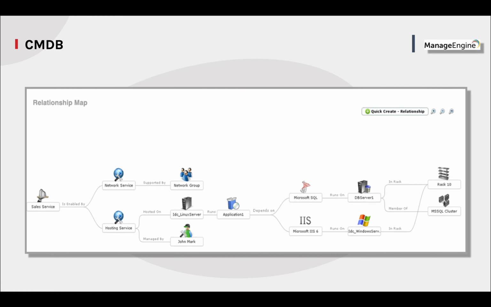The relationship map helps you to analyze the impact caused by this CI on a business service and to identify the root cause of the impact, thus establishing appropriate measures to gradually eliminate the perpetual issues faced by your organization. Now in this relationship map, you see there is a sales service, let's say it's a CRM, and it's hosted on an IDC Linux server that runs a CRM application that is dependent on the Microsoft SQL database and IIS servers.